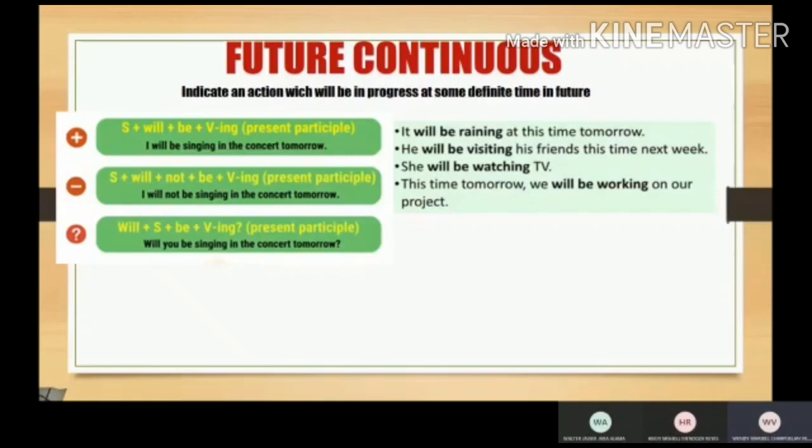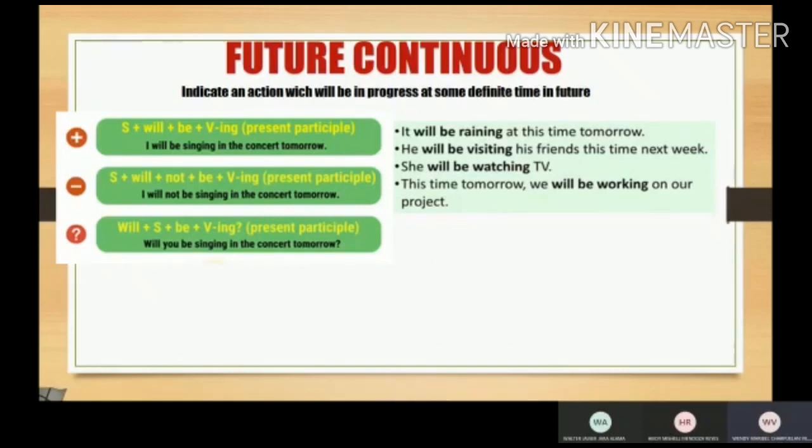In question: will plus subject plus be plus verb ing plus question mark. Example: who will be singing in the concert tomorrow?